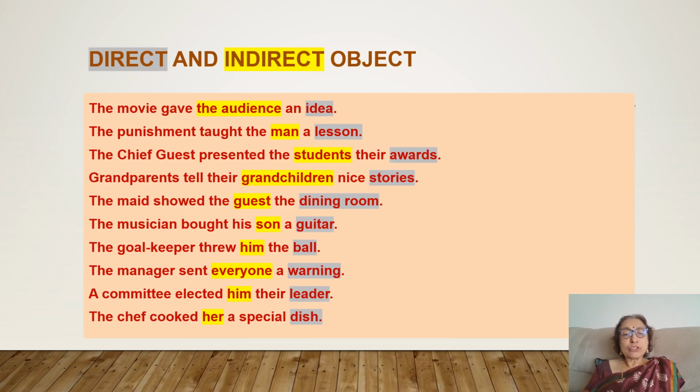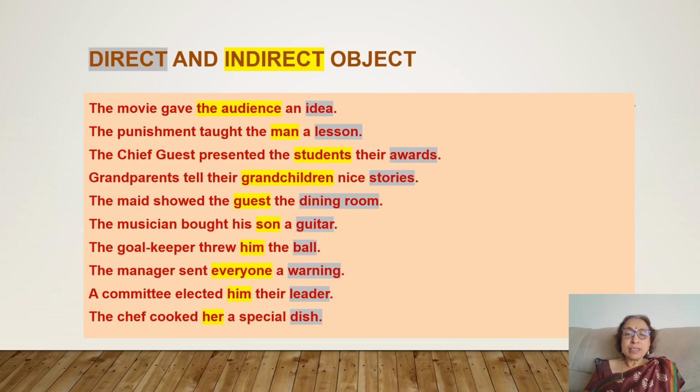The punishment taught the man... incomplete. If you say punishment taught the man, the sentence is not complete. But you say the punishment taught a lesson, complete. Good sentence. So when we say the punishment taught the man a lesson, both objects are accepted by the verb taught, but the first of them is indirect and the second is direct.